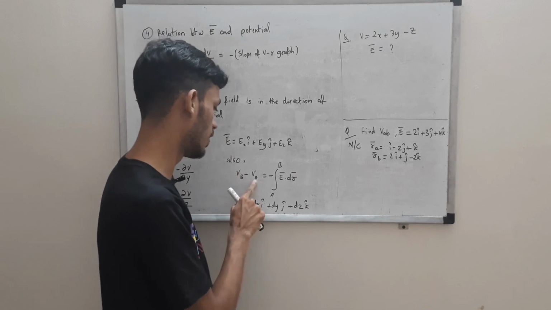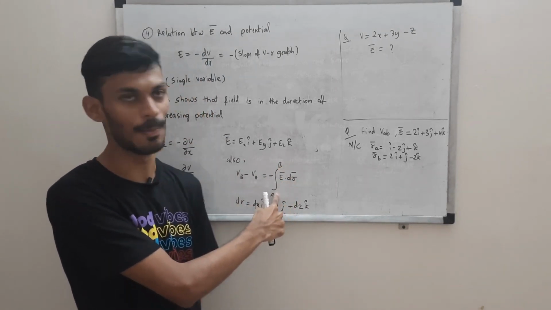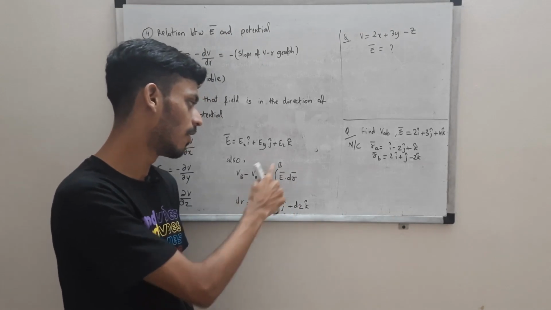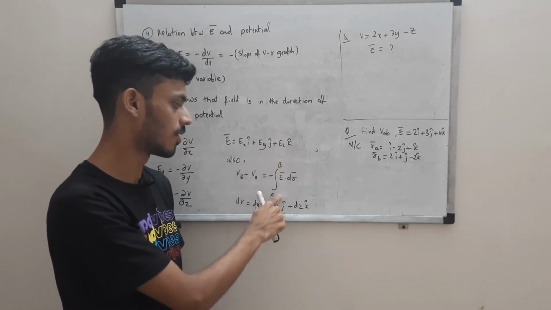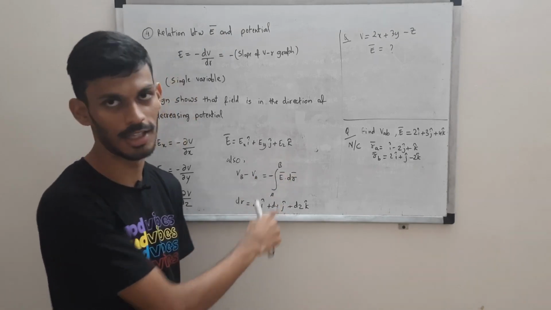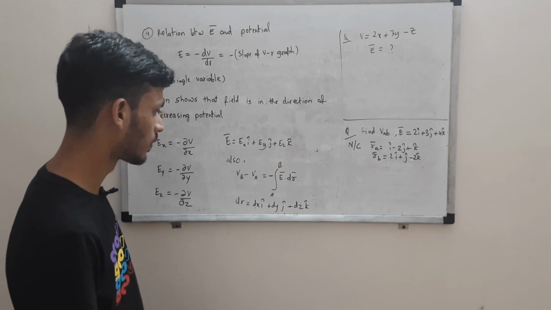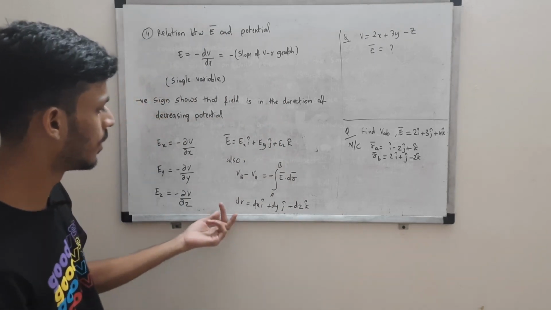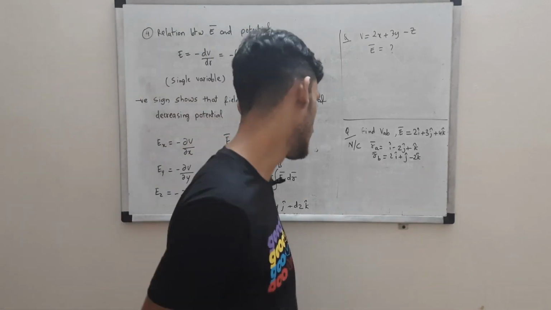This is final minus initial, so the final limit is b and the initial limit is a. Final minus initial, final limit, initial limit. Those are important points to remember, and dr can be written as dx i cap, dy j cap, and dz k cap.